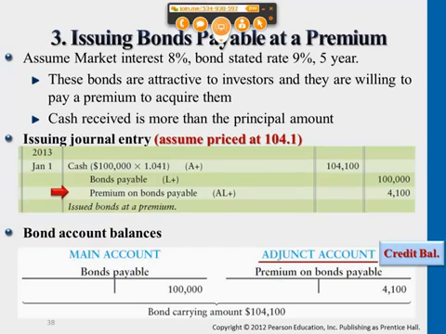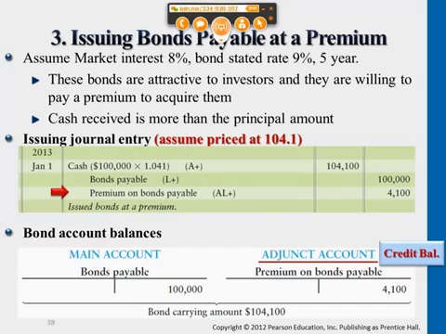So they will be raising capital at a dollar amount above the face value. In this example, we assume the bond is issued at 1.041. It could be any price as long as it's above 1; it's considered issuing a bond at a premium.